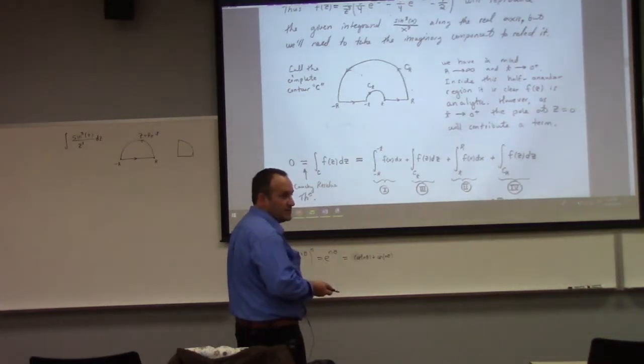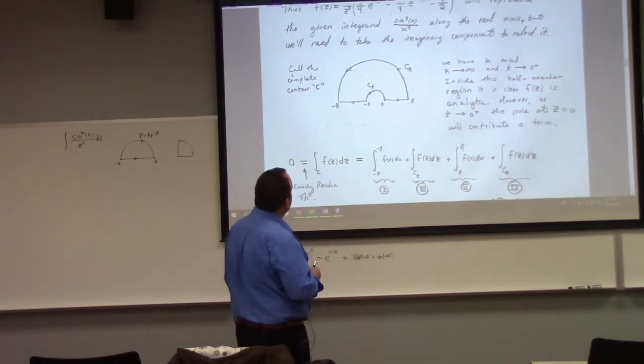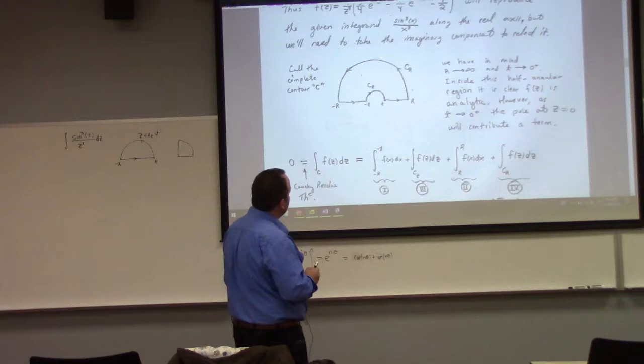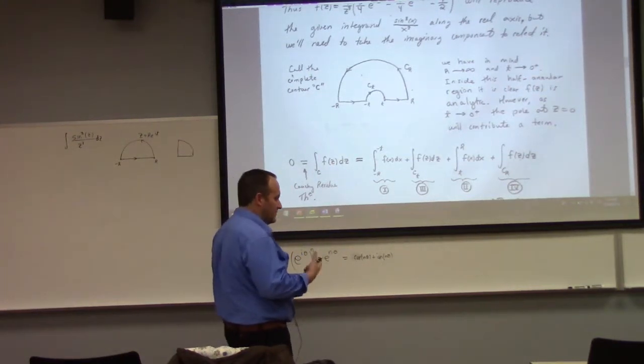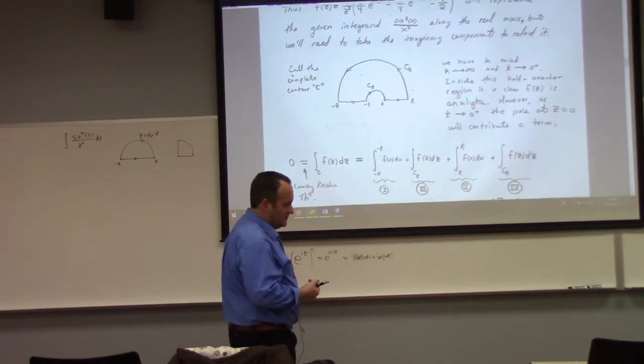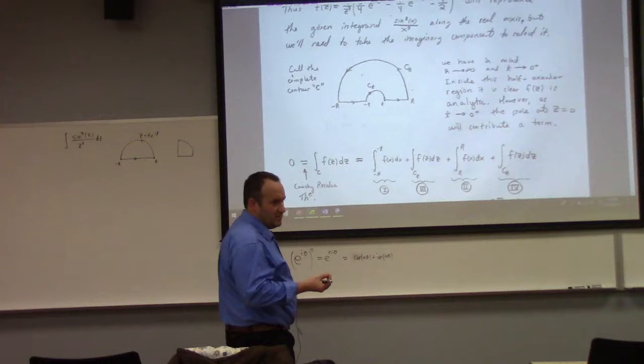Because, oh, these exponent e to the z over, like these things, that's interesting. So e to the z over z squared or z cubed or whatever, those have 0 as a pole.